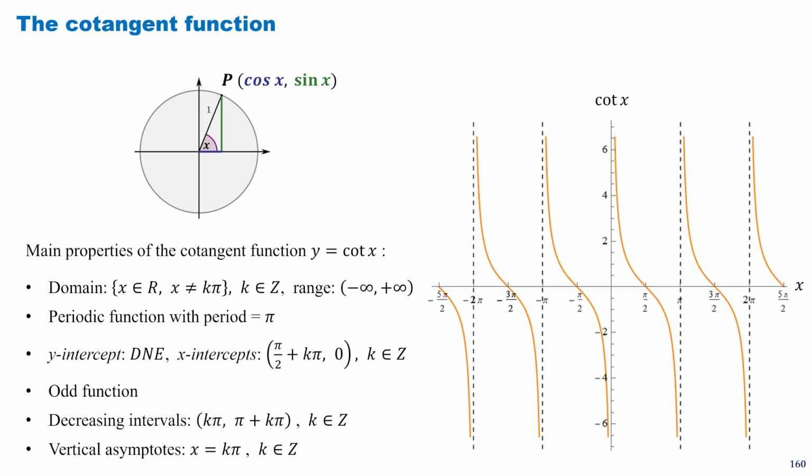There's no increasing intervals, but we can express all the decreasing intervals like this: k pi to pi plus k pi. Which means basically memorize this behavior on one of the intervals first, then expand this by adding k pi to both ends. All the vertical asymptotes can be expressed as x equals k pi, where k belongs to the integer set.